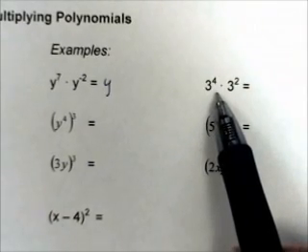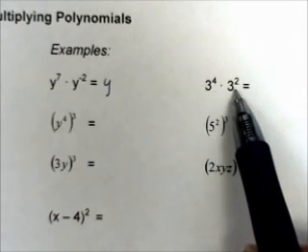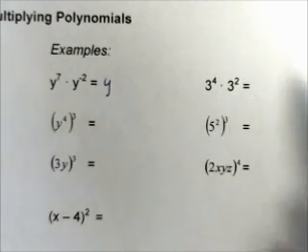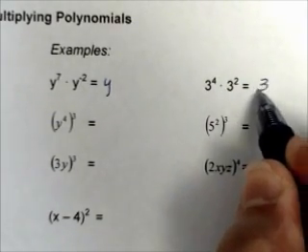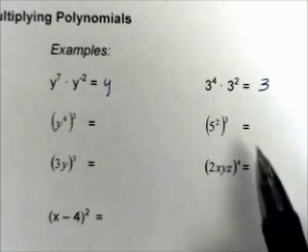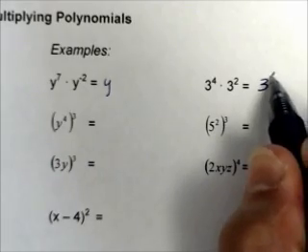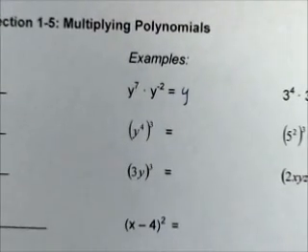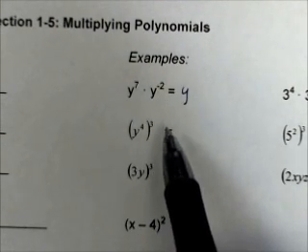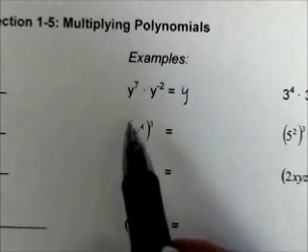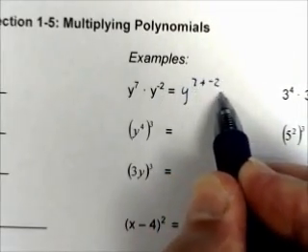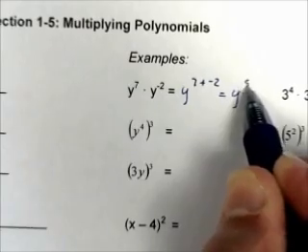If we have 3 to the 4th times 3 to the 2nd, well, these are same bases, so 3 to the 4th times 3 to the 2nd is 3 to what power? What do you do with those exponents? You add those exponents, so that would be 3 to the 6th. If we have y to the 7th times y to the negative 2, that would equal y to the 7 plus negative 2, or simply y to the 5th.